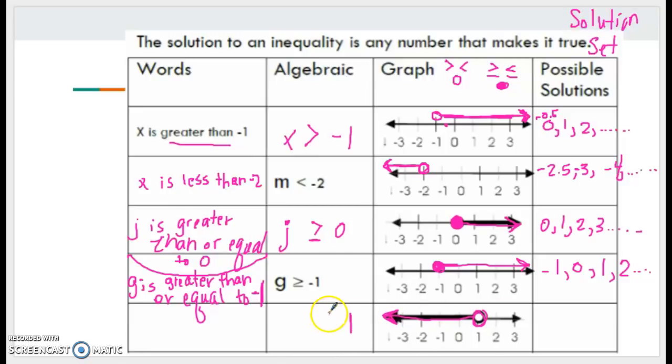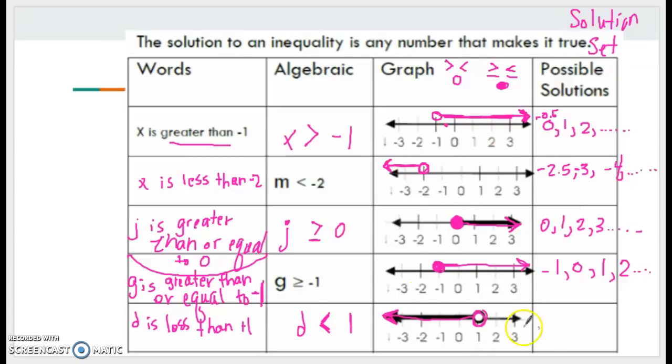So we have our less than symbol goes this way. We need a variable, doesn't matter which one. I'm going to pick D. D is less than +1. So that's what we're going to write here. D is less than +1. You don't have to write the positive.